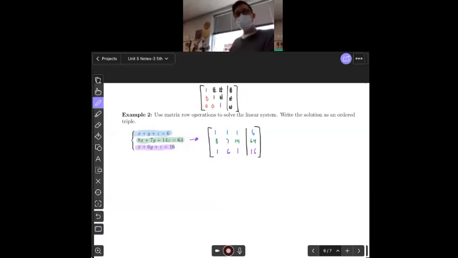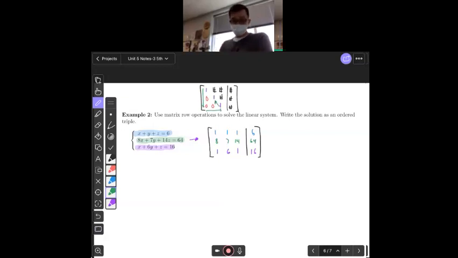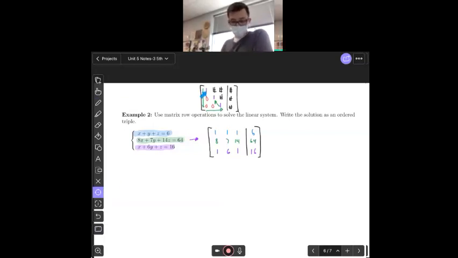This is not set in stone, but usually the easiest path through these problems is going down the left side and across the bottom row and then back up. Starting in that top left corner, we already have a 1, so we don't need to worry about that.